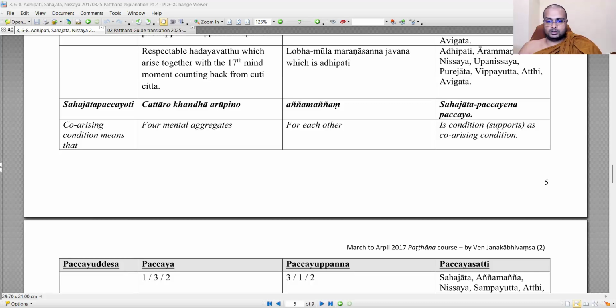Right. So okay. So I will discuss the conditioning states and the condition states, right? So here what is given inside this box is that for all the four paccayas, we know the conditioning states and the condition states are the same.